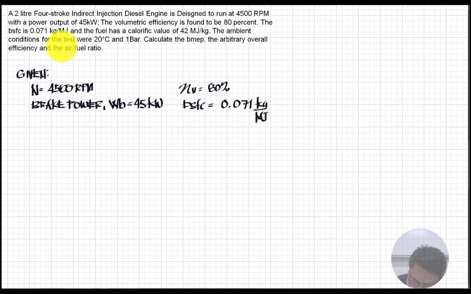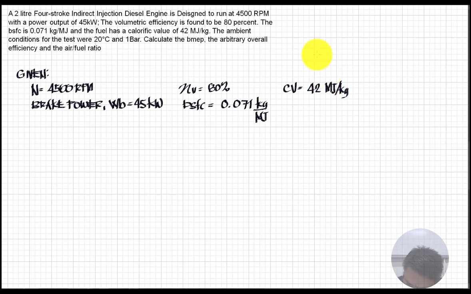Then we have also the fuel calorific value, that will be your CV, which is equal to 42 megajoule per kilogram.